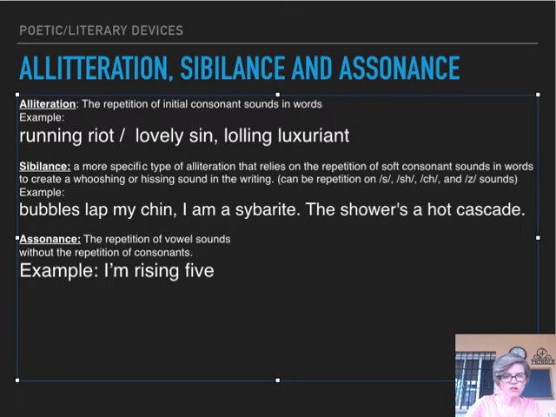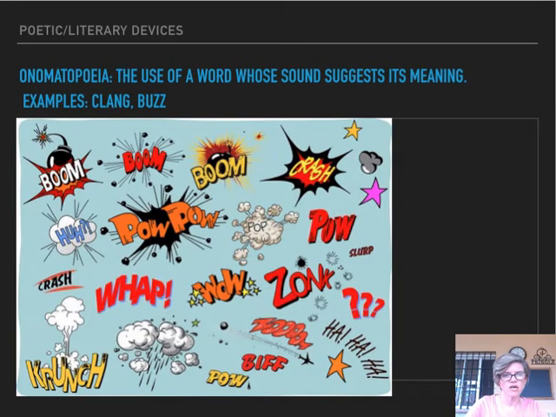Moving along to onomatopoeia. This is one that you should know. It's a word whose sound suggests its meaning. Classic examples are clang and buzz, but also things like crash and snap and whip, pop.